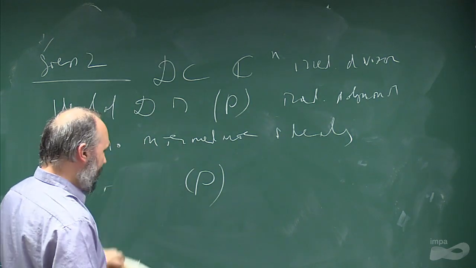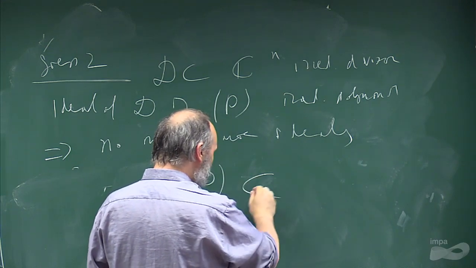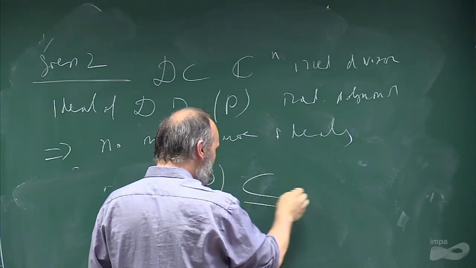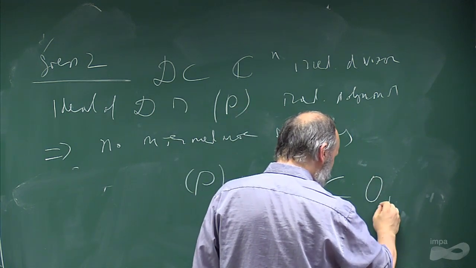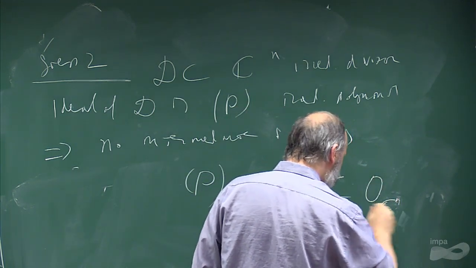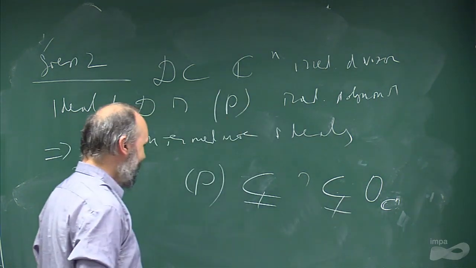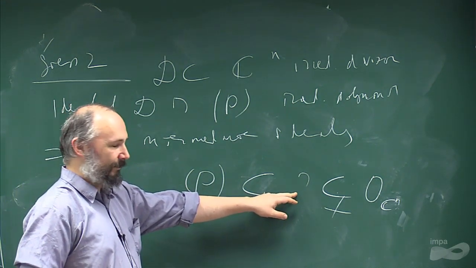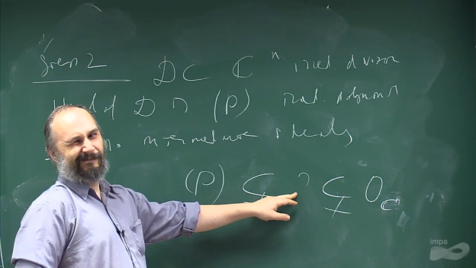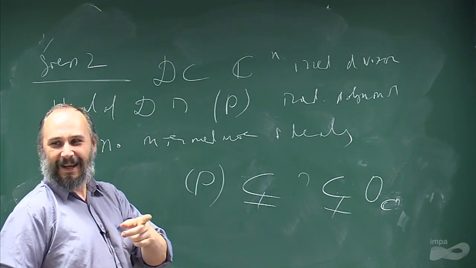Sorry, it's vice versa. It's written here wrongly. There's no intermediate ideal between D and C^n. I'm sorry, could you correct me, anyone?